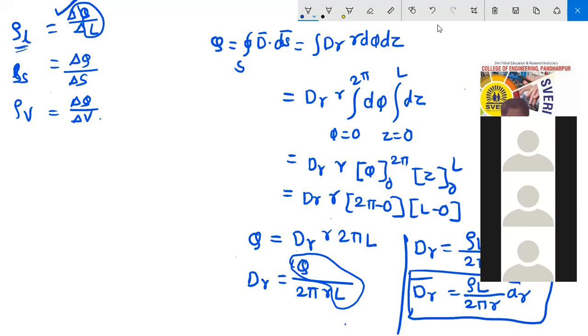D bar is equal to epsilon 0 E bar, so you have to simply multiply here. Here we have already found the equation for Q, but we can write this in terms of D bar and E bar also. So note everyone, then we'll see the next point.